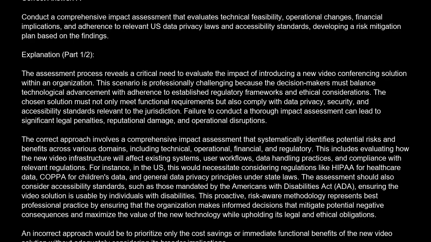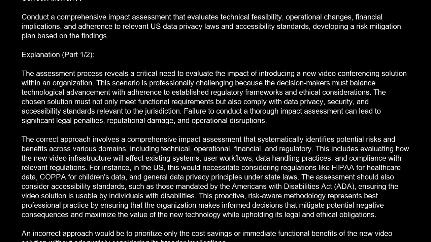This scenario is professionally challenging because the decision-makers must balance technological advancement with adherence to established regulatory frameworks and ethical considerations. The chosen solution must not only meet functional requirements, but also comply with data privacy, security, and accessibility standards relevant to the jurisdiction.